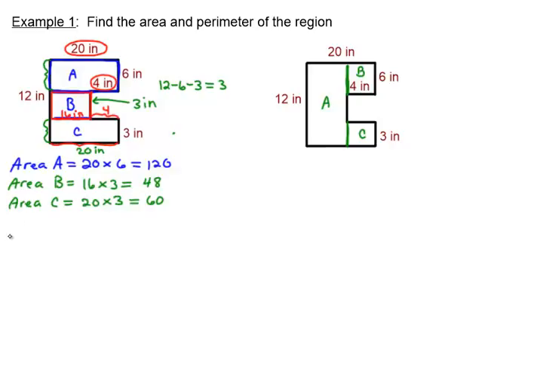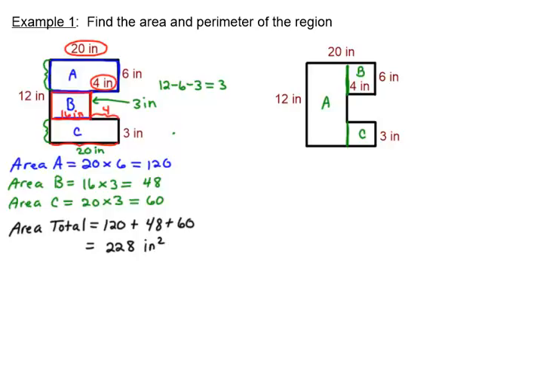So now we just find our total. For the area of my total figure, all we do is add them up: 120 plus 48 plus 60, and that gives me 228 square inches.